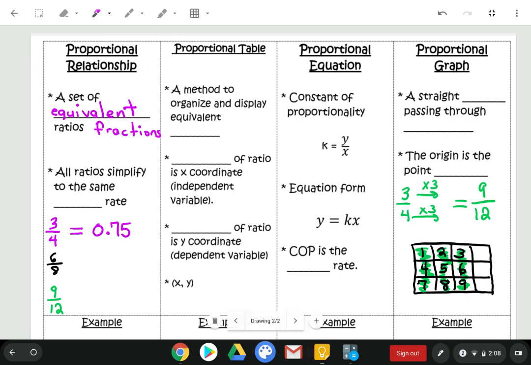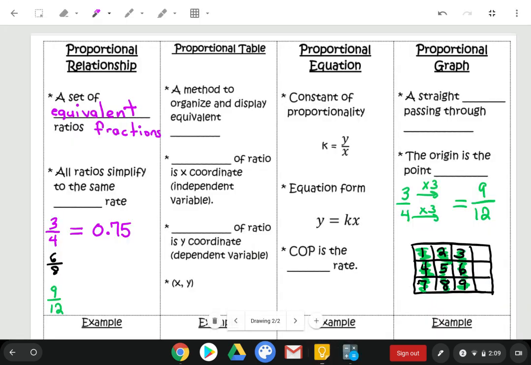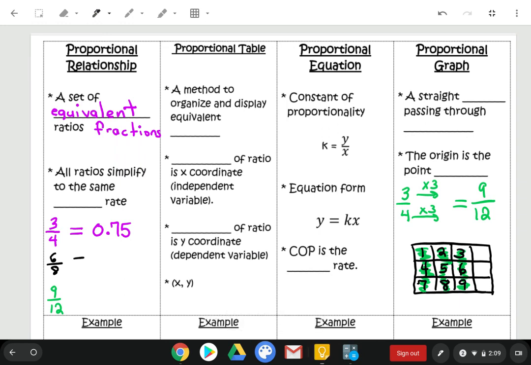Now, I'm going to go back to my calculator, and this time I'm going to take 6 and divide it by 8. So I have 6 divided by 8 equals, notice that's also 0.75. So I'm just going to make a note for future reference that 6 divided by 8 is equal to 0.75.